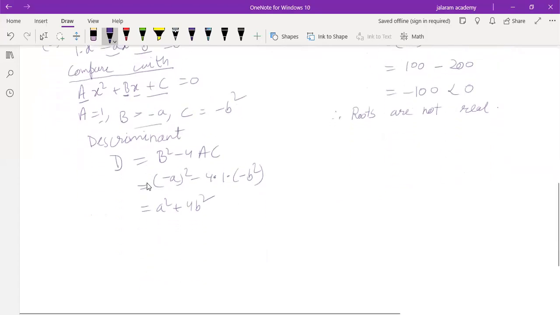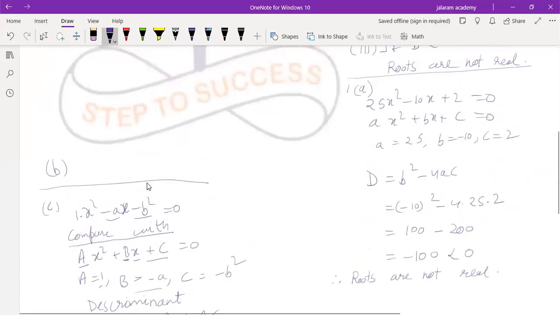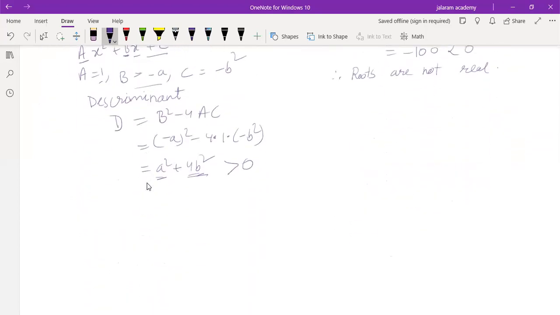If you look at this, a square is a positive number, being the square of a number. b square is also a positive number, so 4b square will also be a positive number. And the sum of two positive numbers will always be positive. It means discriminant is strictly greater than 0.